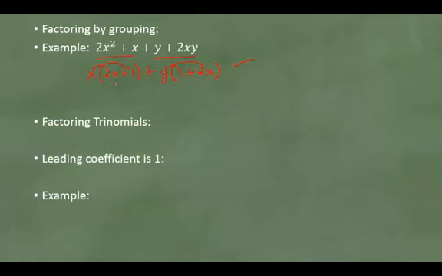Now notice that these two terms, this term and that term right there, have something in common. They have a 2x plus 1 in common. So if I were to take out the 2x plus 1, I'm going to write it in parentheses and write down what I'm left with. I'm left with here the x plus, and here in this second term I'm left with just the y.